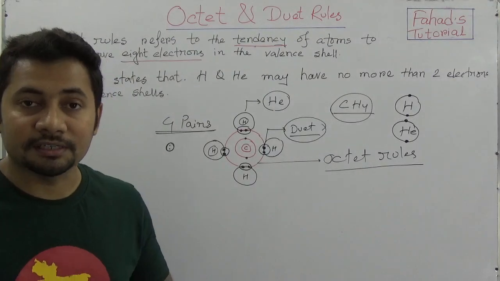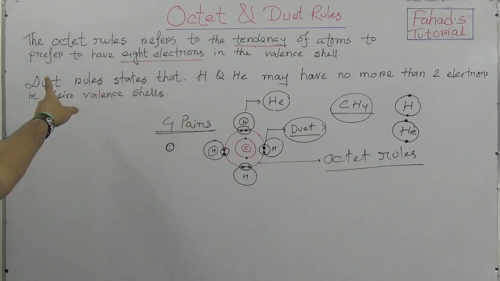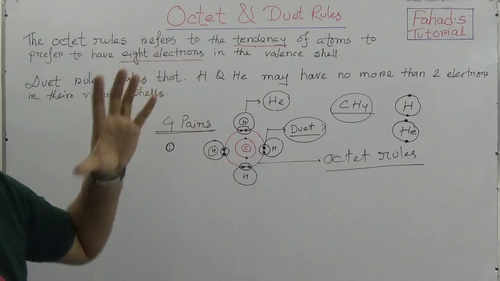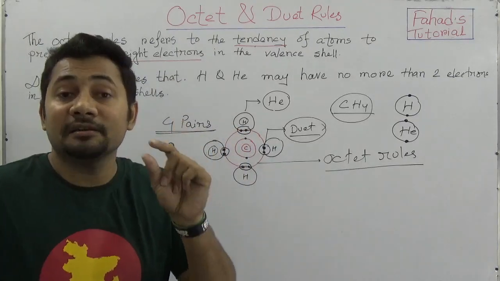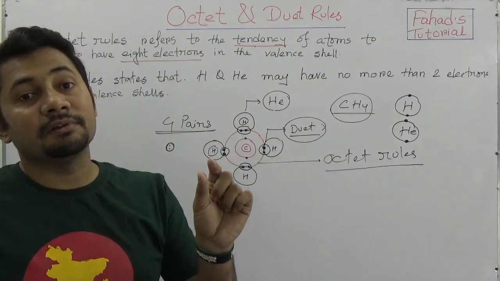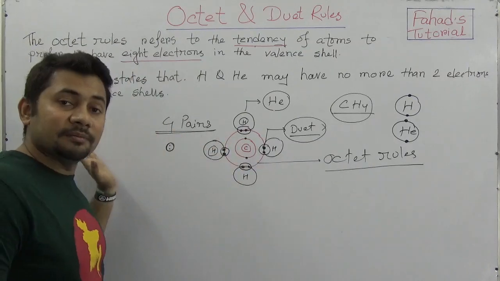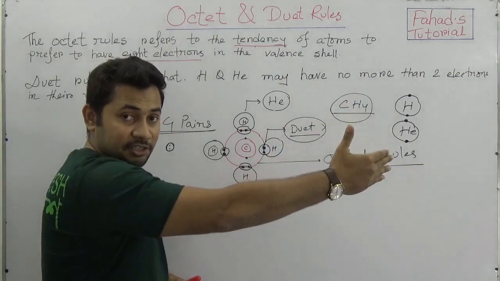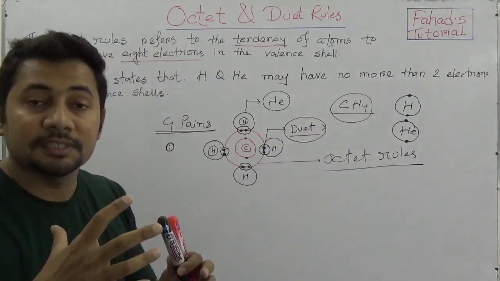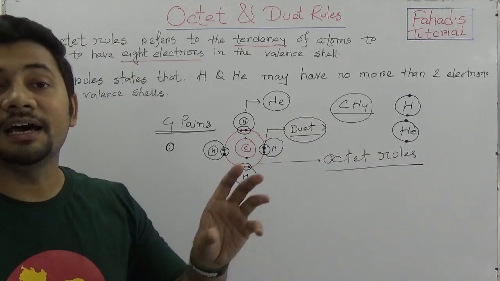So very shortly, the octet rule is the tendency of atoms to prefer 8 electrons, and according to the duet rule, when electrons are shared, they are shared as pairs of electrons. So electrons remain as pairs, and this is called the duet rule. In the periodic table from 1 to 20, from hydrogen to calcium, when they form molecules with each other, they follow the octet and duet rules.